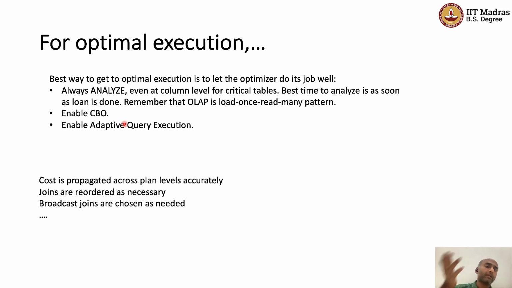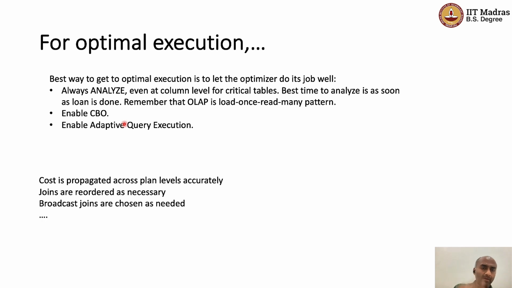In fact, it might find that both these tables are small in size. Therefore, the hash join is an overkill. The nested loops is going to be far simpler and more efficient to get the job done. And it could change the plan at that level and say, I'm going to use nested loops now. And that's going to be authoritative, remember, because the lower levels of the plan have already happened.